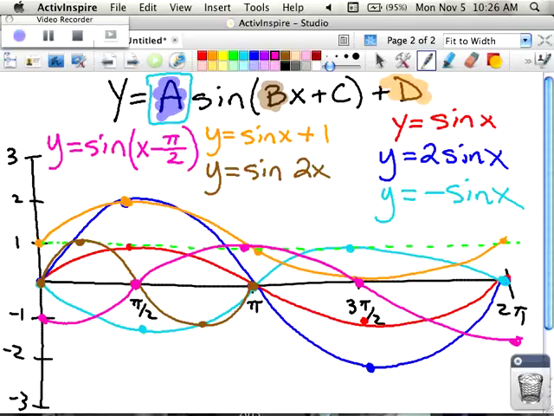Look at the red graph, and then look at the pink graph. What happened from the red to the pink? Shifted forward pi over 2. The stuff in the parentheses shifted the graph pi over 2 to the right. Or just pi over 2 would be fine to say.